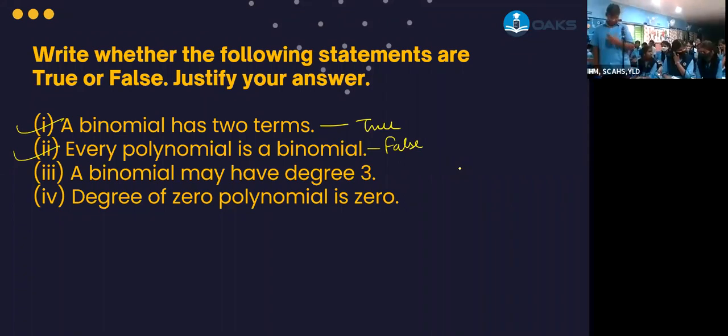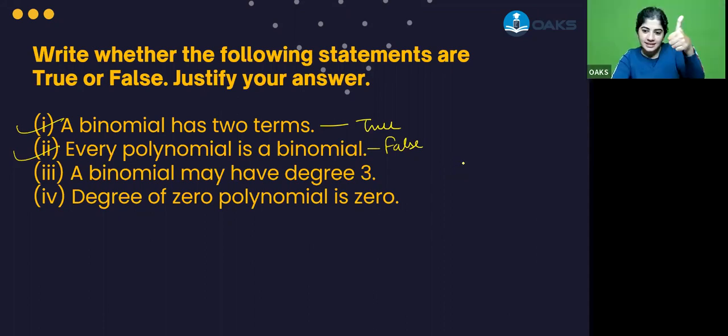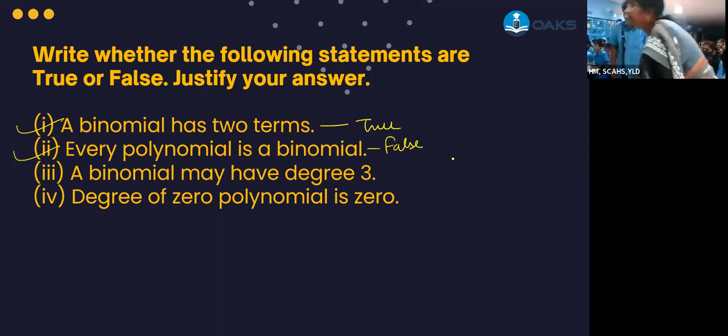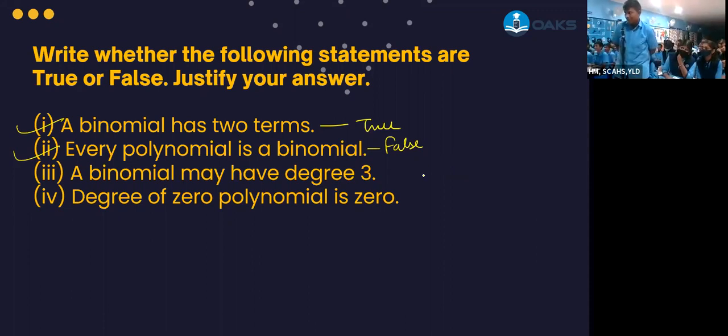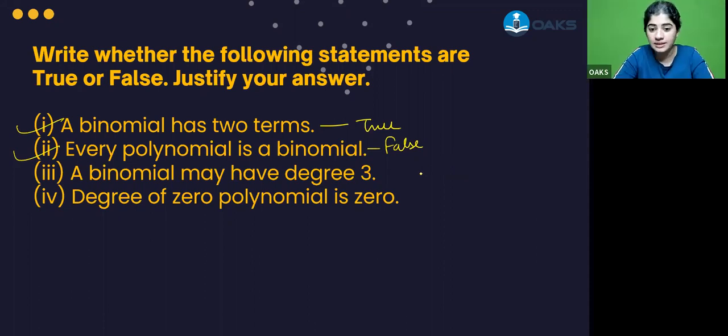This is true and this is false. You are saying false? True. Okay, can you give an example? A binomial may have degree 3. You are saying false. Okay, you can sit down.